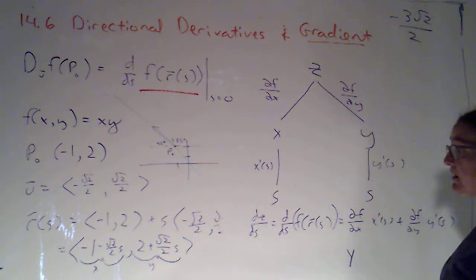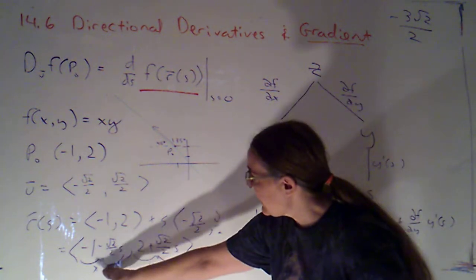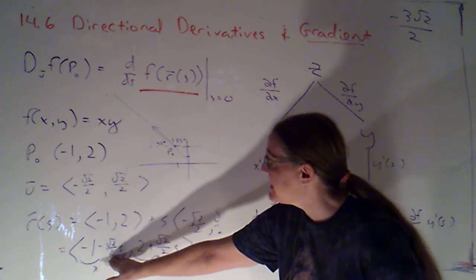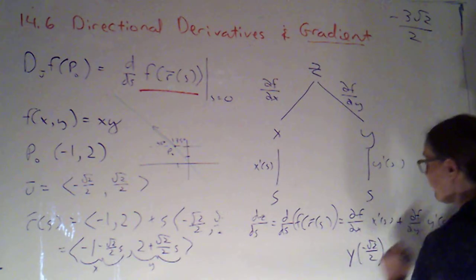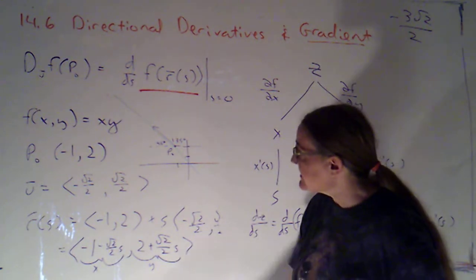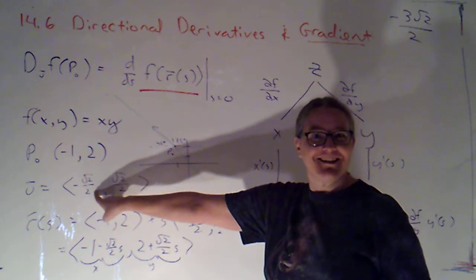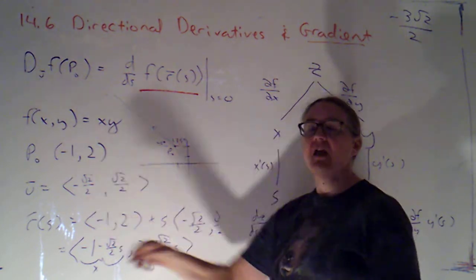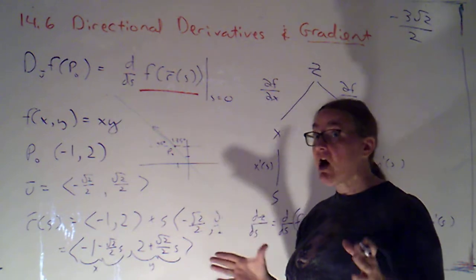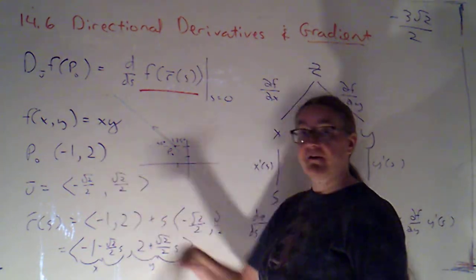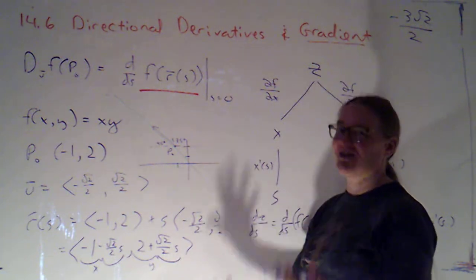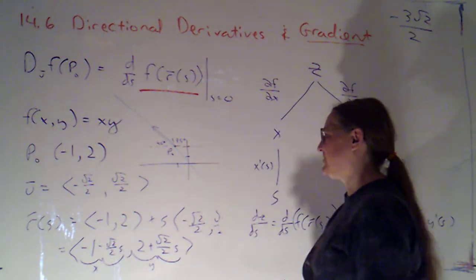X prime of s, here was x, I can see its derivative is just negative root 2 over 2. You'll notice that's just the x component of my direction vector. Remember, the derivative of a line is just the direction vector for that line, so the derivative of the x component of a line is just the x component of the direction vector.